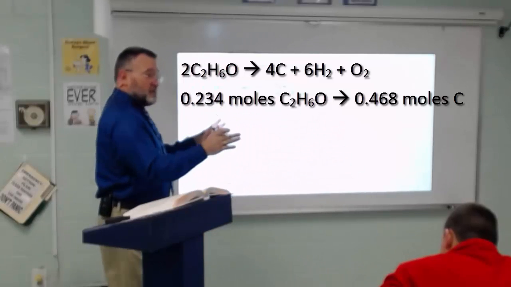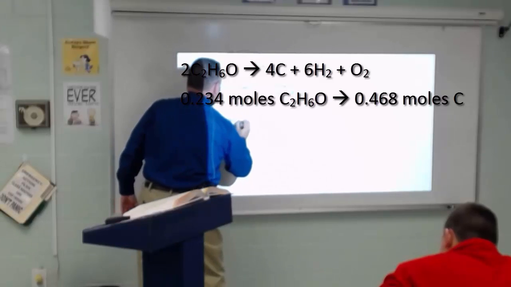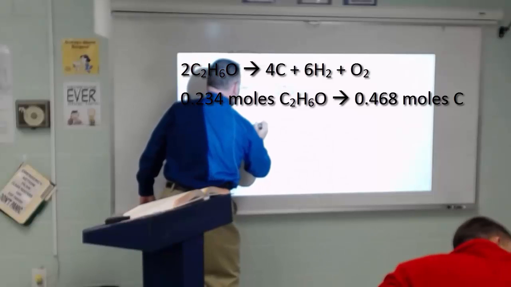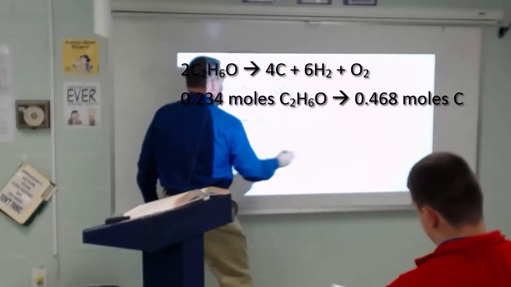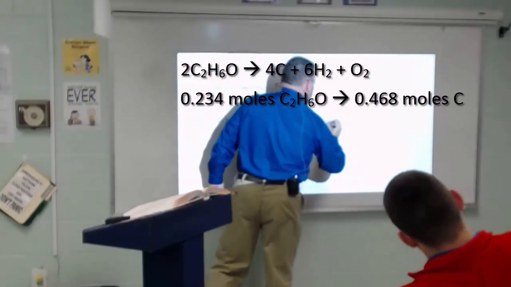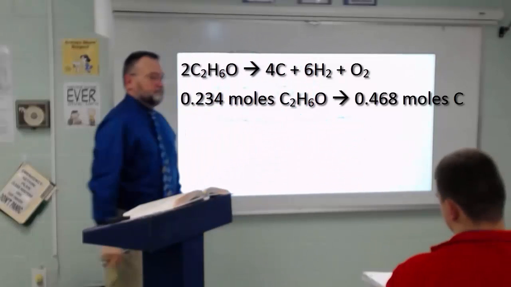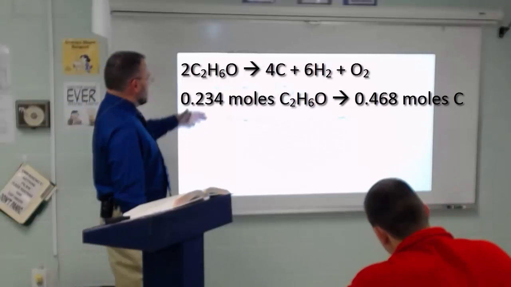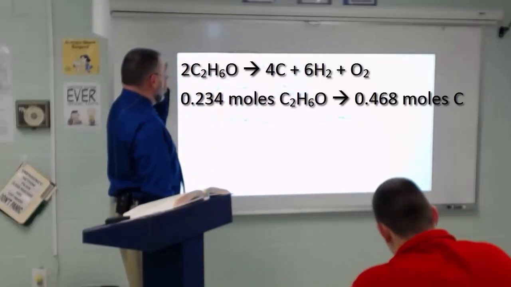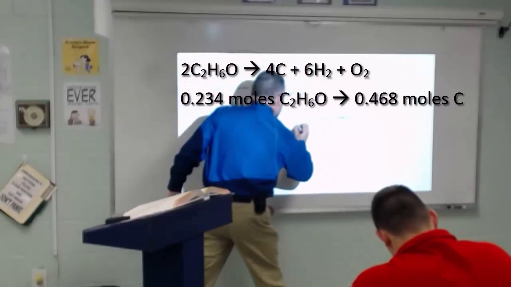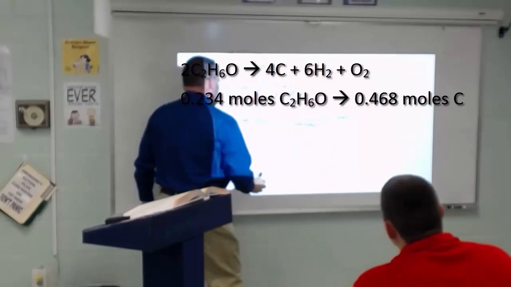The long way of doing that is to say, okay, I'm given 0.234 moles of C2H6O, and I need some relationship that converts it to a certain number of moles of carbon. Looking back at my balanced reaction formula, I need something that relates moles of C2H6O, because this is my numerator.